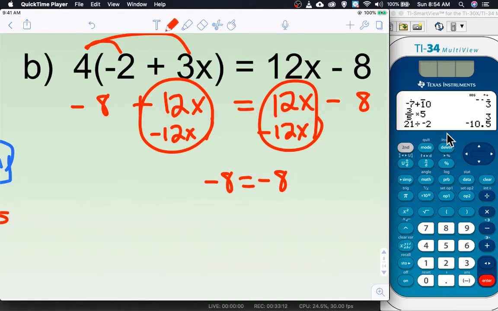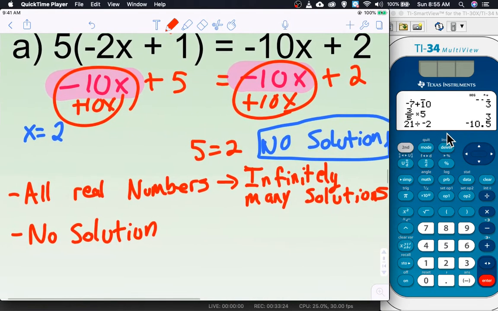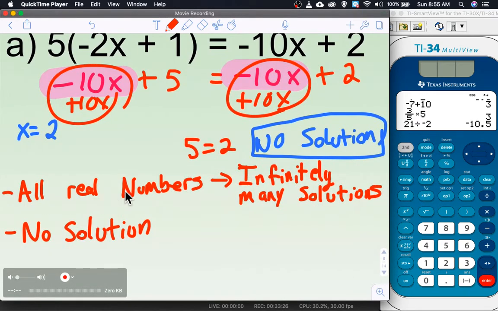Does negative 8 equal negative 8? Well, yes. So this problem has lots of answers. It has, well, this phrase here, all real numbers. Every single number is an answer to this problem, which means that there's an infinite number of answers.